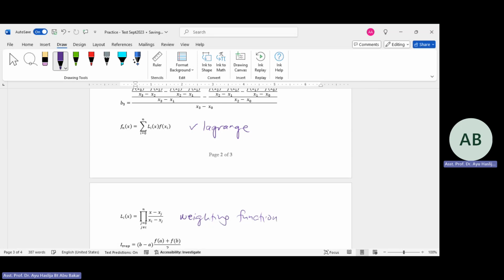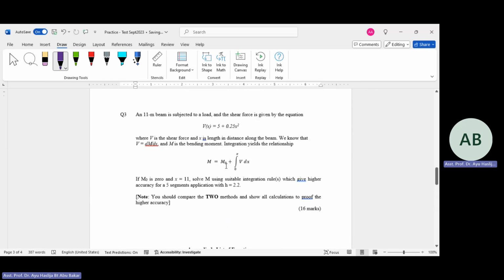So you should know how to expand it. Okay, so it will involve this equation, Li x f(xi). Now expand it because you have second order.